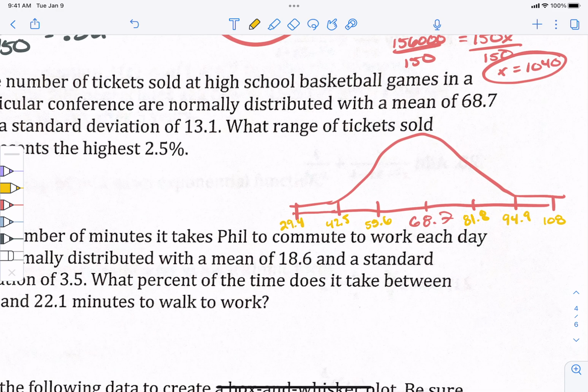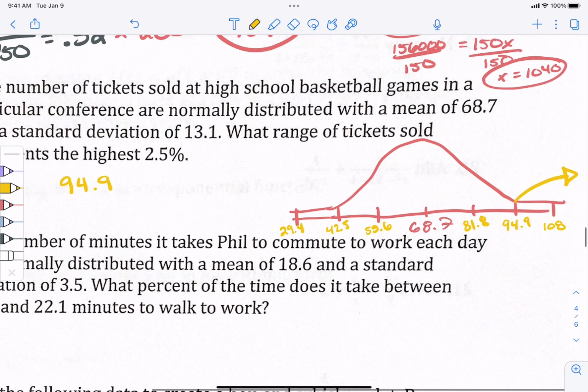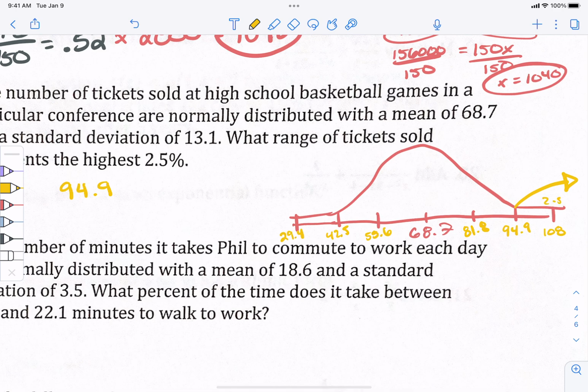94.9. So what do we say for the range of tickets sold? That's the highest 2.5%. 94.9 and beyond. Anything above 94.9, right? 2.5% of games are in this category, so anything bigger than 94.9.